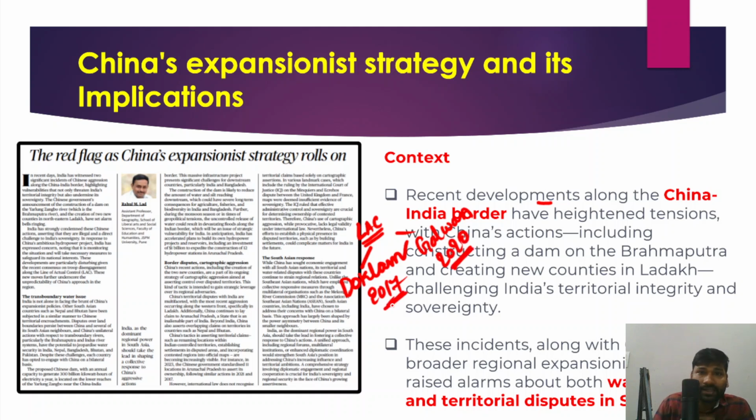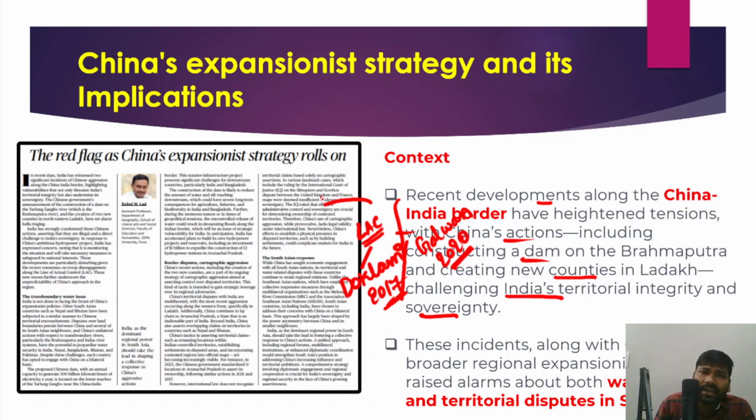There are heightened tensions with China's actions, including constructing a new dam on the Brahmaputra, and also creating new counties in Ladakh, challenging India's territorial integrity and sovereignty. So these are China's recent moves that have been challenging India's sovereignty and territorial integrity.